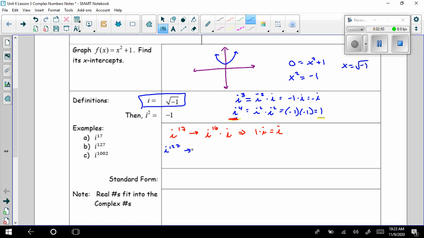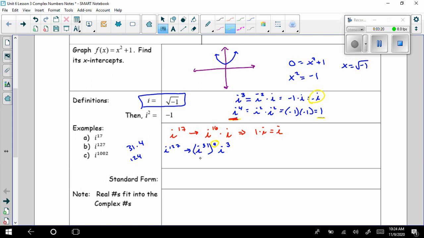So I can rewrite this as i to the 24th times i cubed, because if this is to the fourth, then 6 times 4 is 24. So that means that I have i cubed left over. i cubed is the same as negative i.